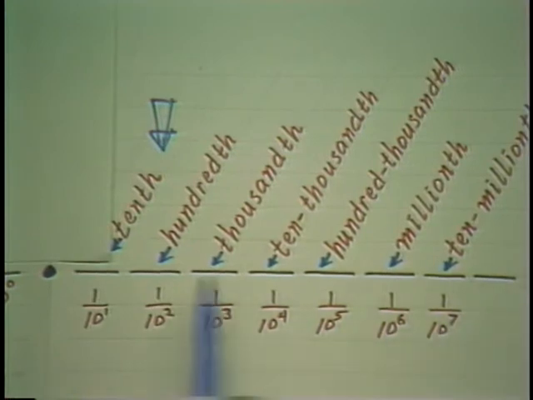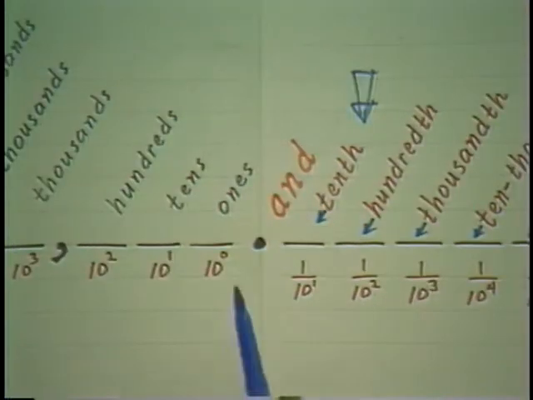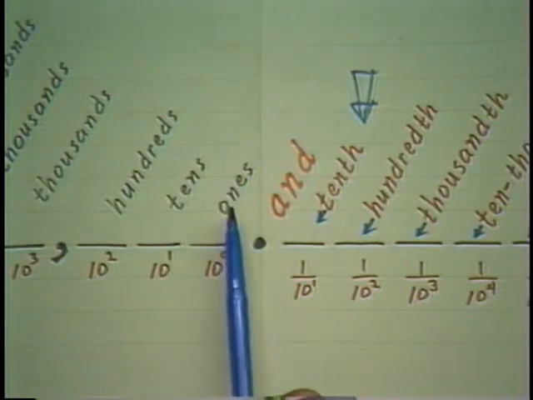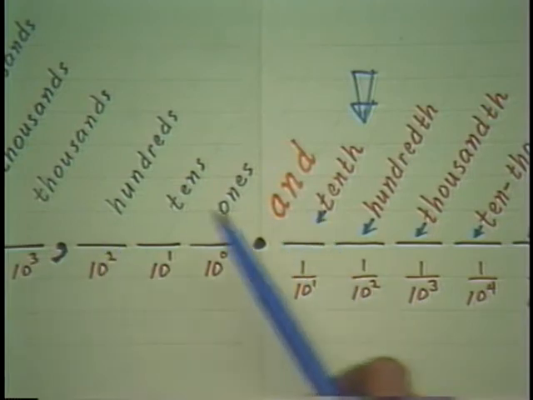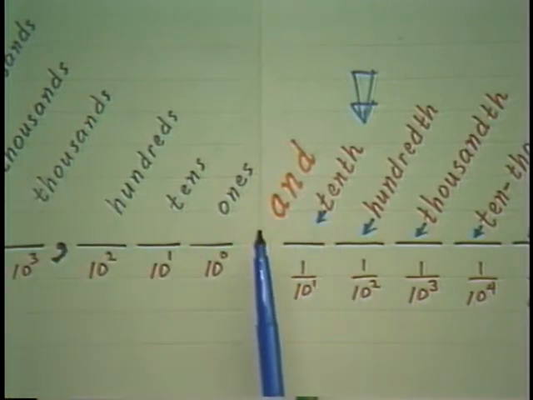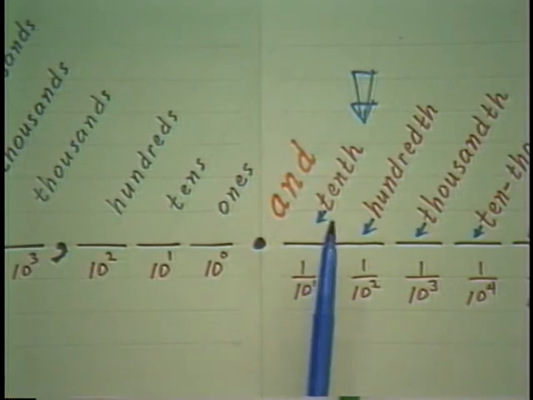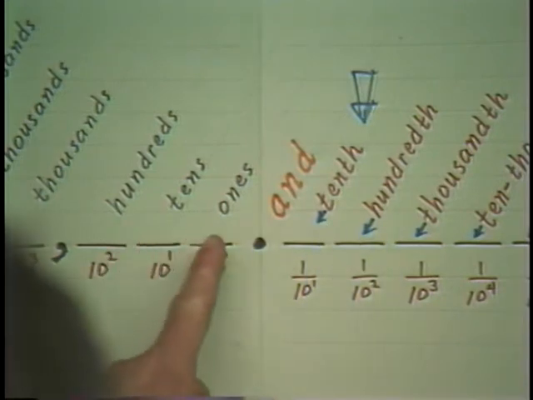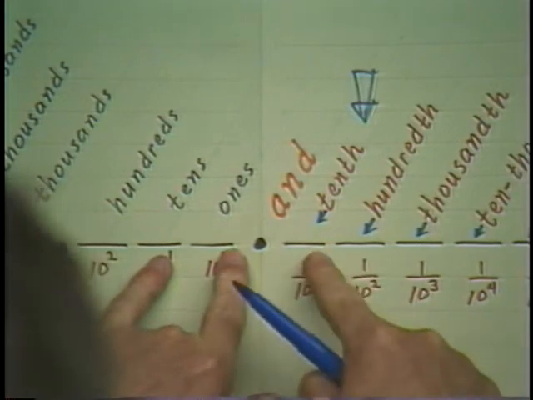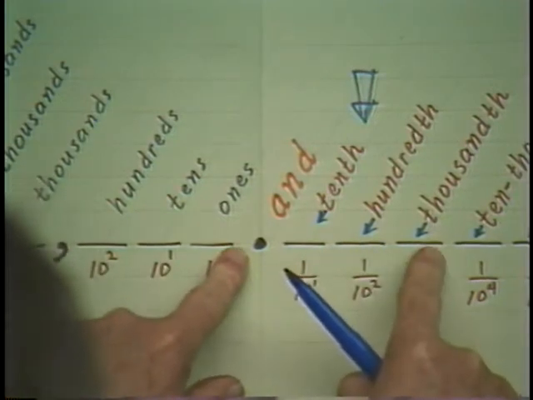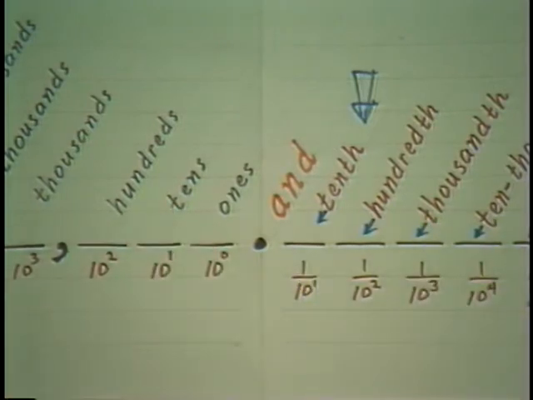So looking at this with our whole numbers, watching this in conjunction with the whole number system, we start with ones, tens, hundreds, and move this way. With decimals, we don't start with 1, we start with tenth, then hundredth. So here's 1, then 10 tenth, 100 hundredth, thousands thousandths, and so on.